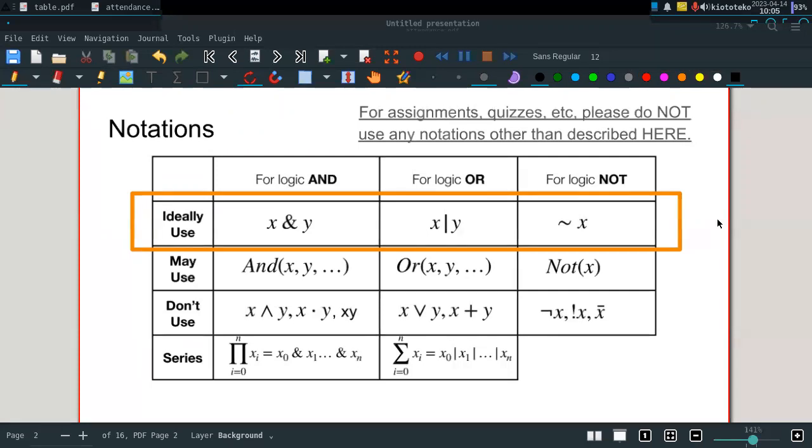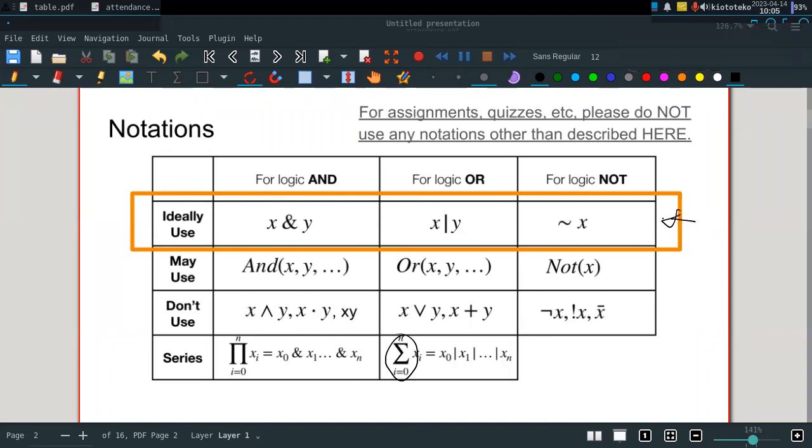But again, we can see that the AND usually is mapped to operators that are similar to multiplication. The OR is mapped to operators that are similar to the sum operator. And also when it's a series, we have this sum operator. And for the NOT, there are many ways of doing it, but again, let's stick with these operators that are in the first row.